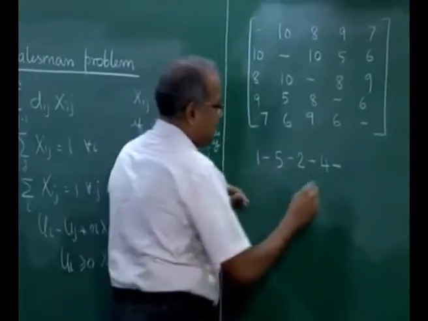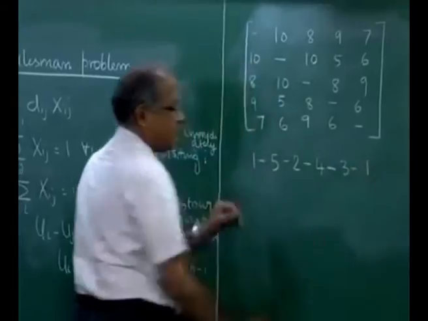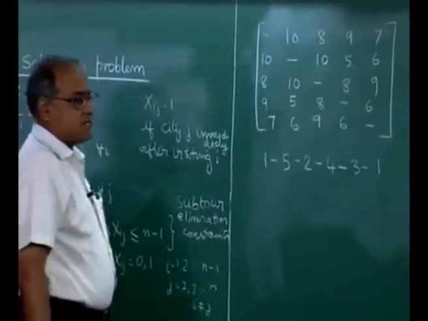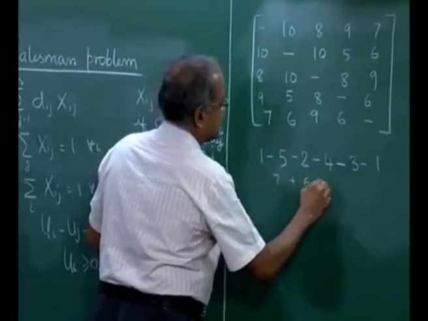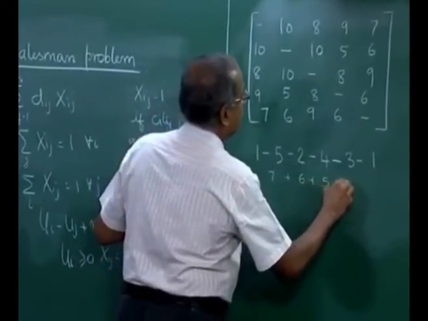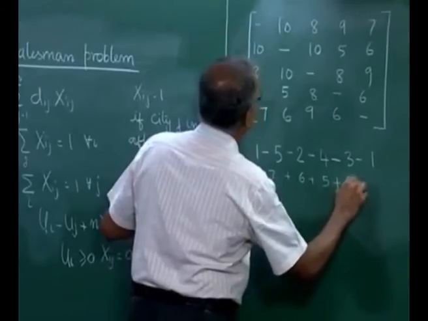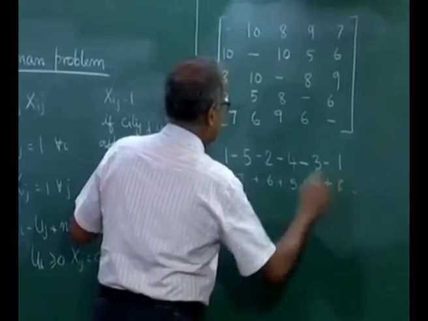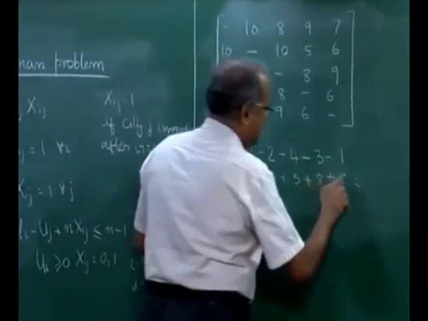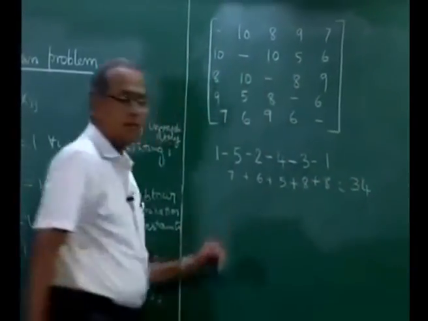Now, I have only 3 remaining. So, 3 and 1. Now, the length of this will be 1 to 5 is 7, plus 5 to 2 is 6, plus 2 to 4 is 5, plus 4 to 3 is 8, plus 3 to 1 is also 8. So, this is 13, 18, plus 8, 26, plus 8, 34.